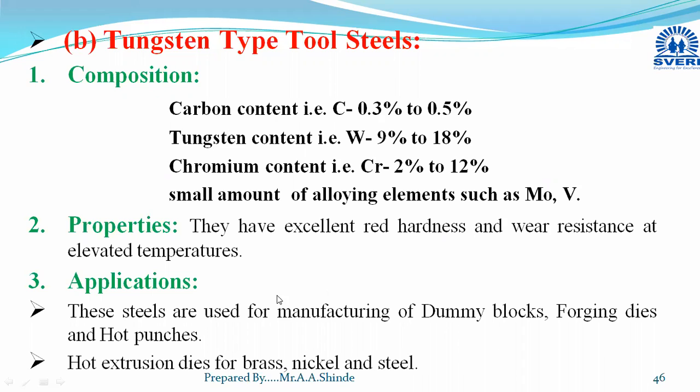Related to their applications, tungsten type tool steels are used for manufacturing of dummy blocks, forging dies, and hot punches. They are also used for manufacturing of hot extrusion dies, which we use for different kinds of brass, nickel alloys and steels. So these are applications of tungsten type tool steels.